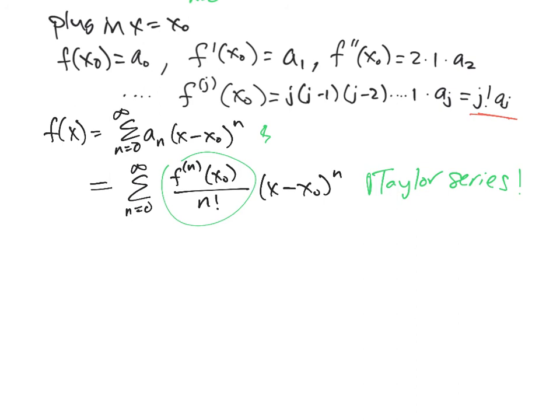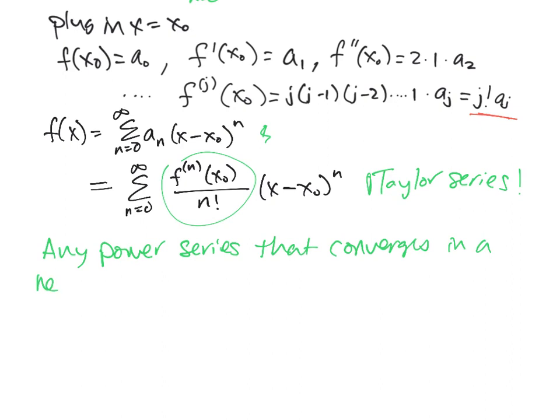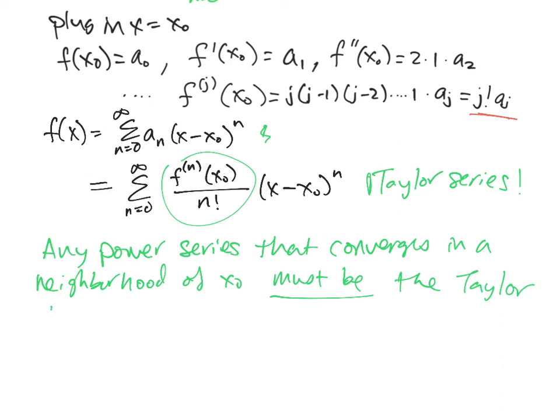So the key thing here is that any power series that converges in a neighborhood of x naught must actually be the Taylor series of whatever function that you converge to.